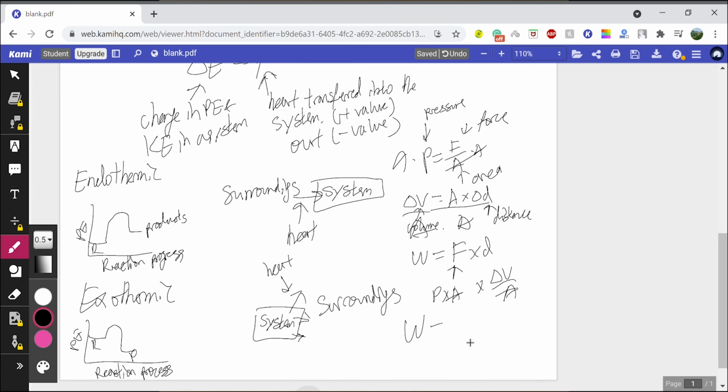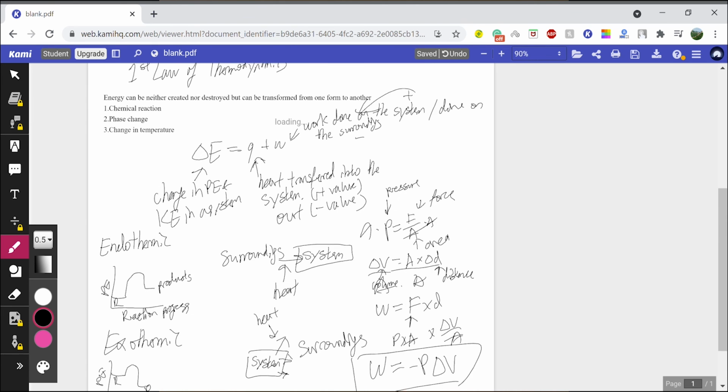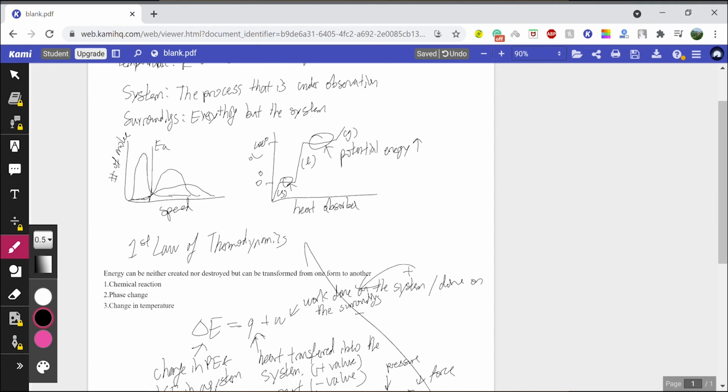So our work is equal to negative pressure times delta V. That is our work formula that we need to use.